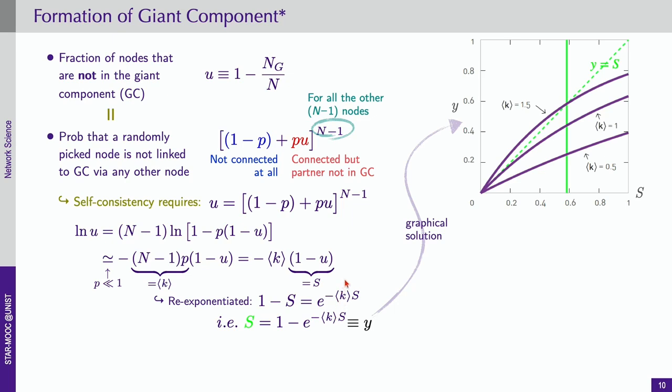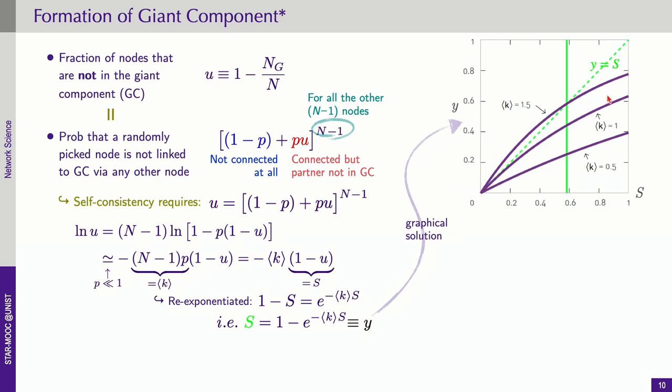You see here that the two curves may or may not intersect, depending on the values of the mean degree. The criterion for the existence of a non-trivial solution is whether the initial slope of the curve is larger than or smaller than 1, because the diagonal line has slope 1, right?